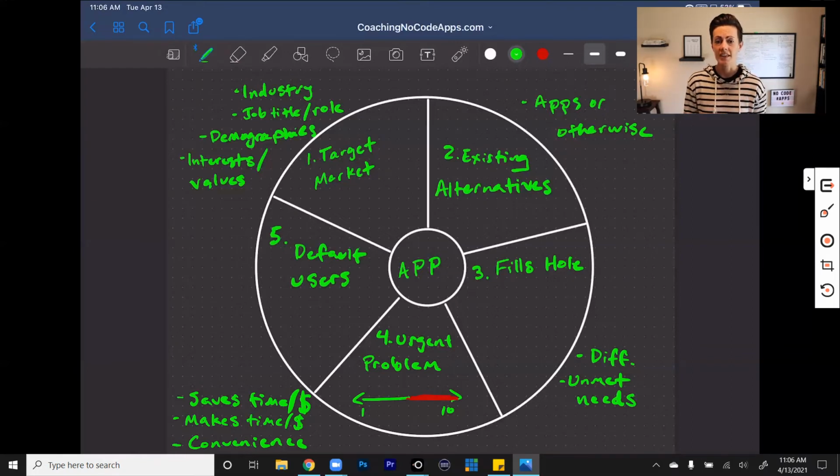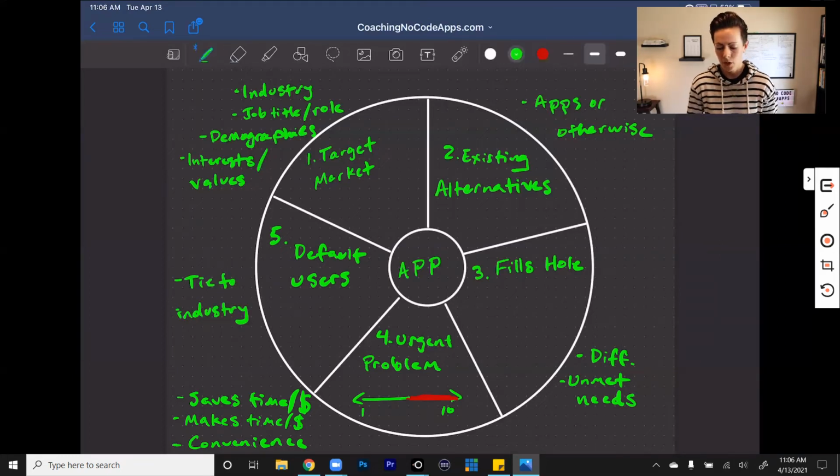This can be really easy. It can be really simple, and it should be, right? When you are launching your app, we want you to be able to move forward really quickly. We don't want to overcomplicate things. We want you to have early traction. Okay, so having some default users or just a tie to your industry, right? It's going to help you move forward a lot more quickly.